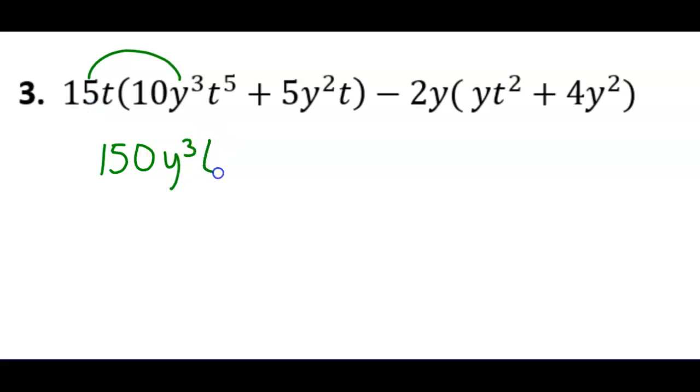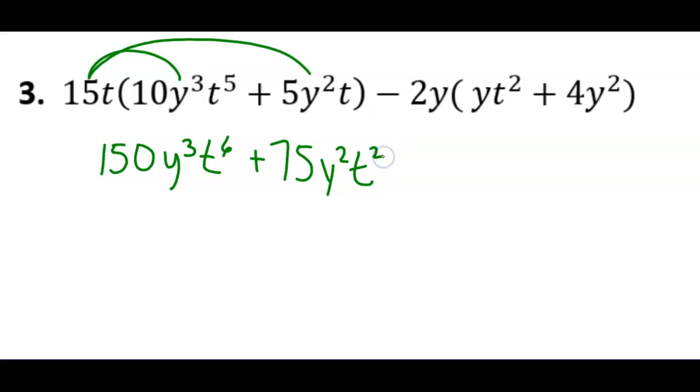And then it's going to become t to the 6th. Okay, so I just put that together. Then 15t times 5y squared t. So 15t times this is going to be positive 75y squared, and then t times t is t squared. Okay, whew. All right, so that's the first one.